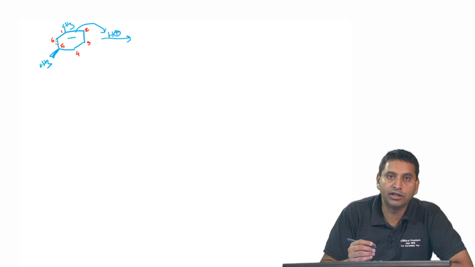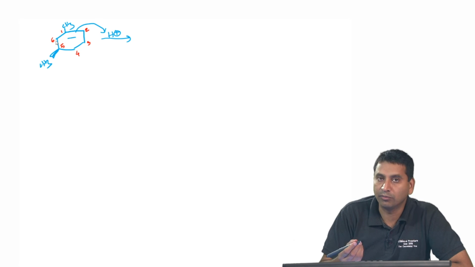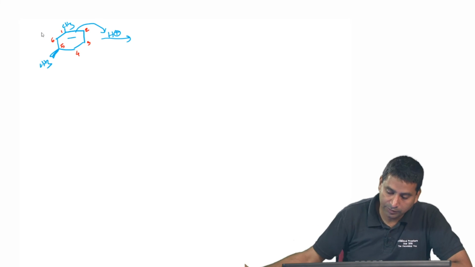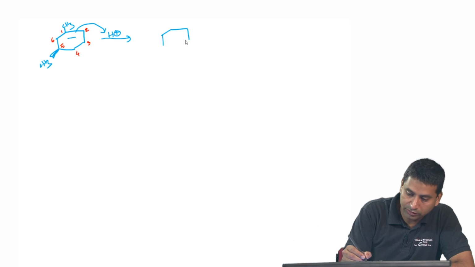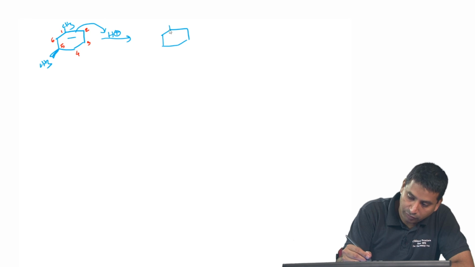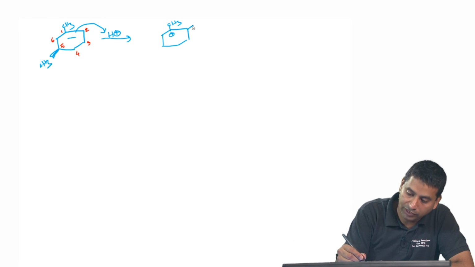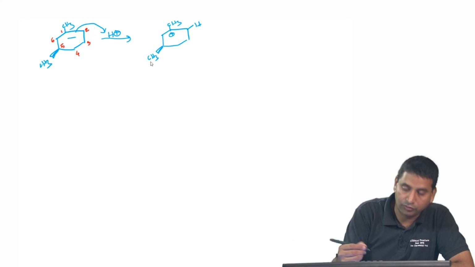So, please make sure that you follow the same numbering, because you are going to make mistakes otherwise. Okay. And you end up with a carbocation being formed here with the new hydrogen over here, and the methyl is over here.